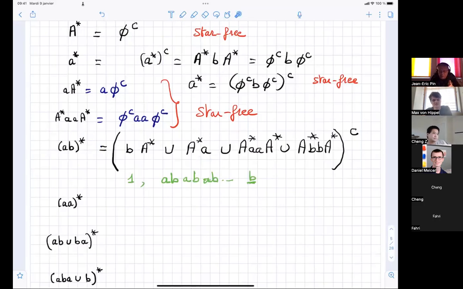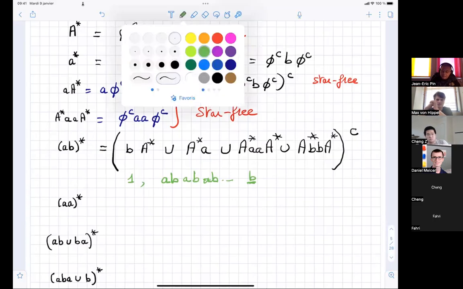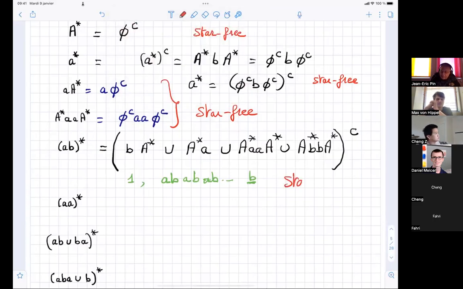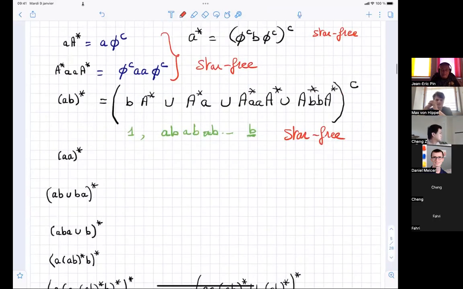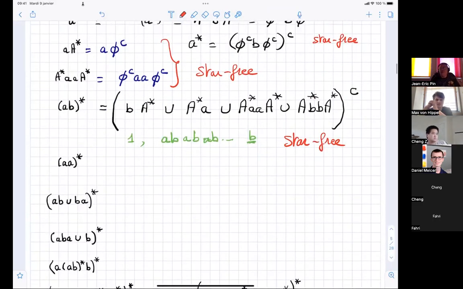Okay, so now you can elaborate on this. And of course, when you have this, just replace A star by the complement of the empty set. And so the conclusion is that this language is star-free. So what about this one? A star, which is apparently simpler than the other one.